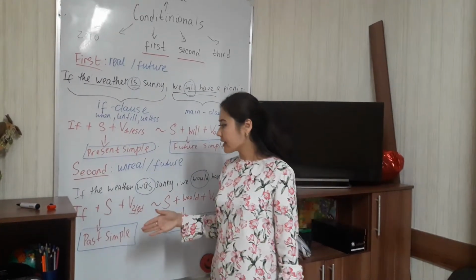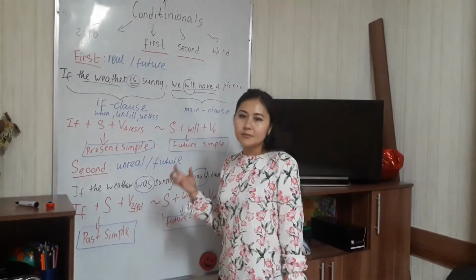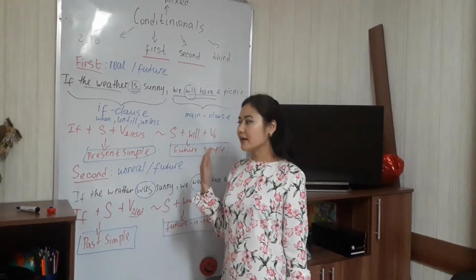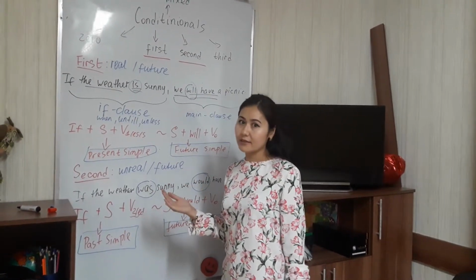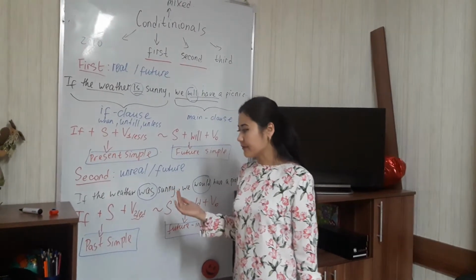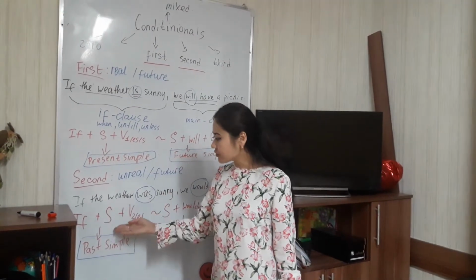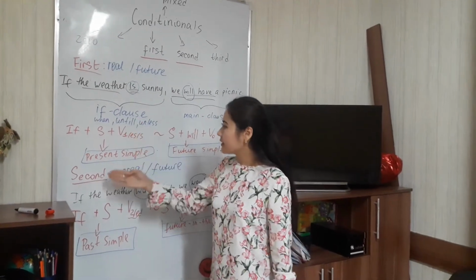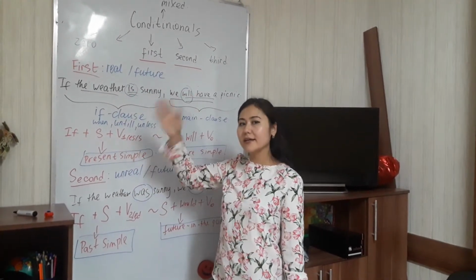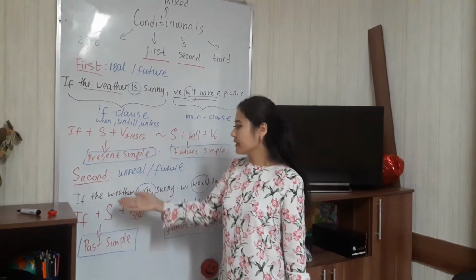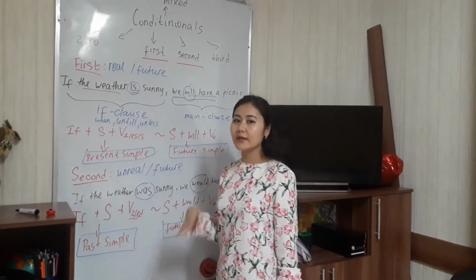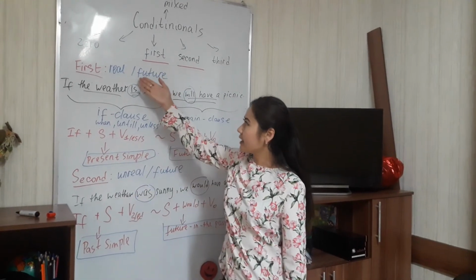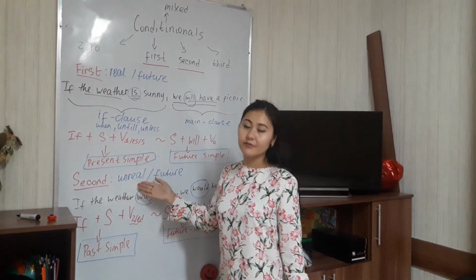In this case, I imagine that I don't have a job and I dream about the dress that I don't have. So this is an imaginary sentence because I don't have a job. In the first case, I have a job, it's real for me. In the second case, I don't have a job, it's unreal for me. This is the main difference. Unreal. Thank you for your attention.